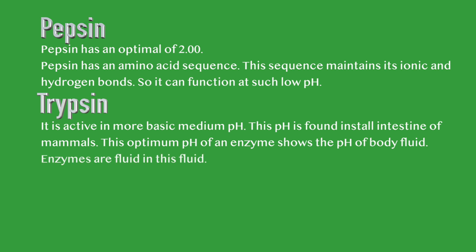This pH is found in the small intestine of mammals. The optimum pH of an enzyme shows the pH of the body fluid in which the enzymes are found. So we can say that different enzymes have different optimum pH, and this is the end of today's topic.